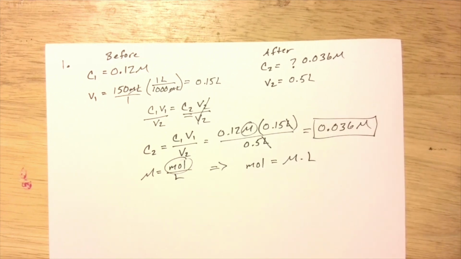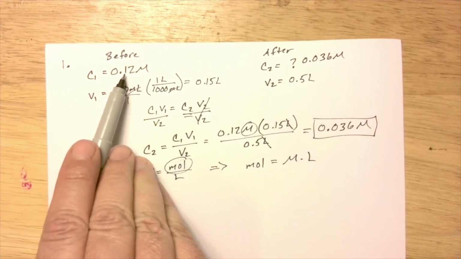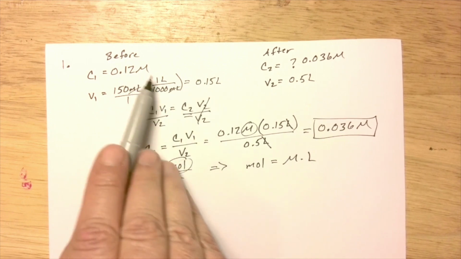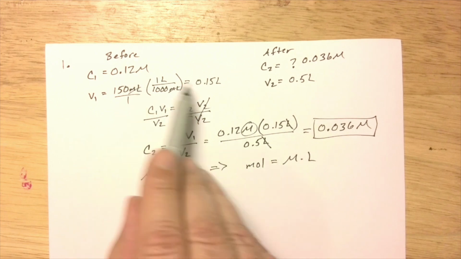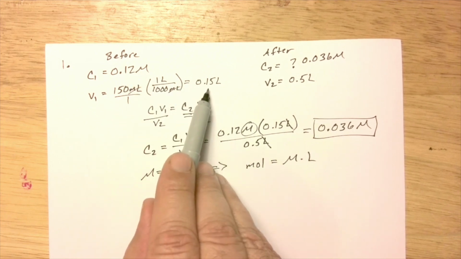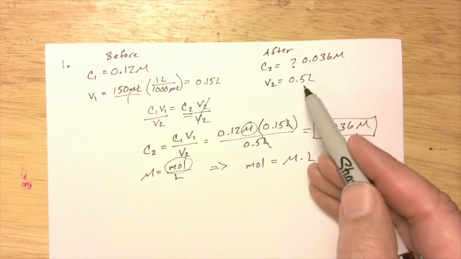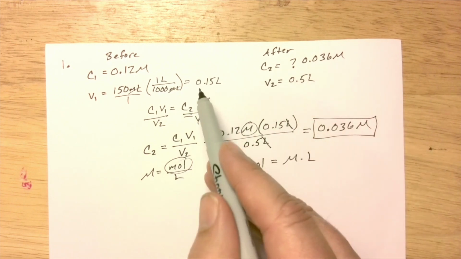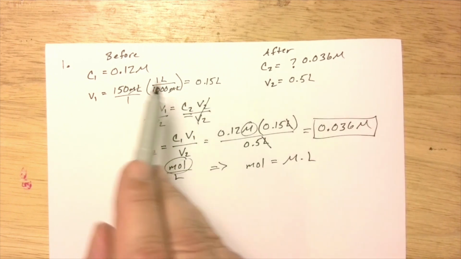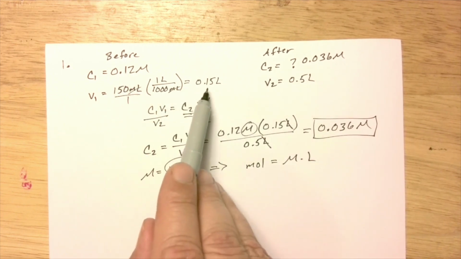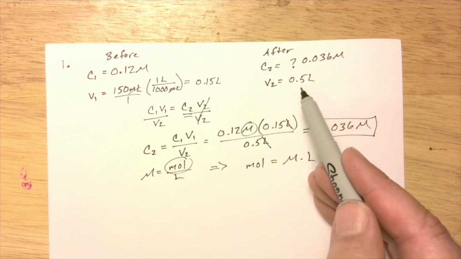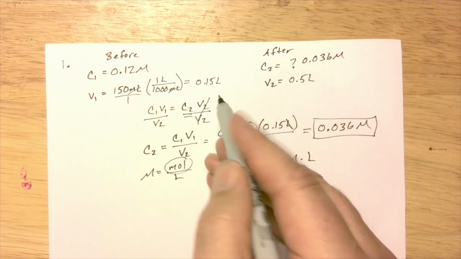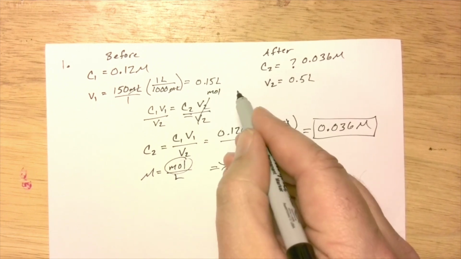In other words, if you take 0.12 times 0.15, you're going to end up with an answer that will tell you how many moles you have here. I don't have my calculator with me. If you take 0.036 times 0.5, these two moles should be the same. So 0.12 times 0.15 is the same thing as 0.036 times 0.5. So the moles on this side will equal the moles on this side.